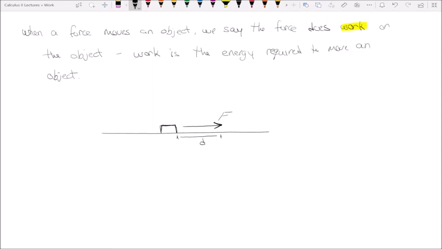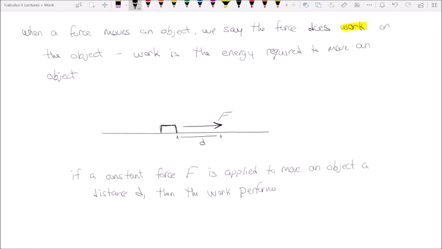The work done in this case, the work performed, is work equals force times the distance.